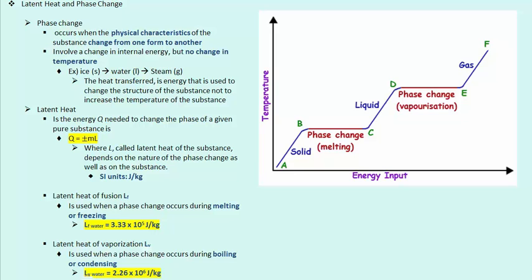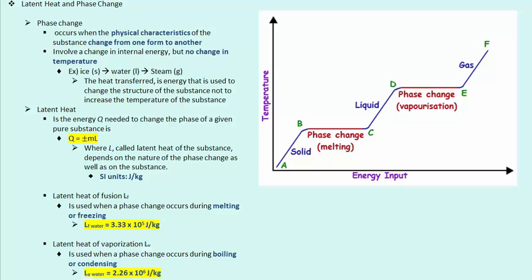When a substance is being transformed from its solid to liquid state, or liquid to solid state, the latent heat we use is called the latent heat of fusion, which is the phase change that occurs during melting or freezing. The latent heat of fusion for water is 3.3 times 10 to the fifth joules per kilogram.